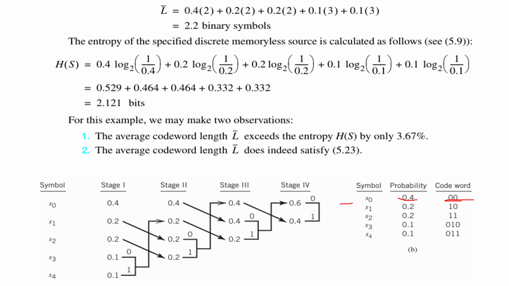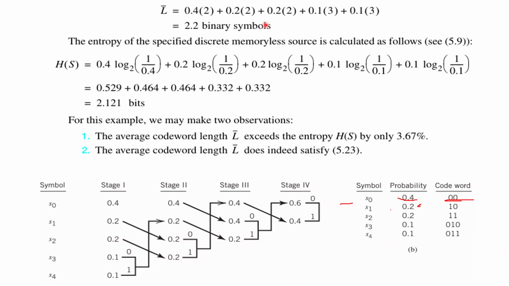So 0.4 into 2, plus for S1, probability 0.2 and code word length 2, so 0.2 into 2. For S3, again probability is 0.2 and code word length is 2, so 0.2 into 2. Here the probability is 0.1 and the code word length is 3, so 0.1 into 3. For the last one also the code word length is 3 and the probability is 0.1, so 0.1 into 3. In that manner you can get the total value of the code word length.